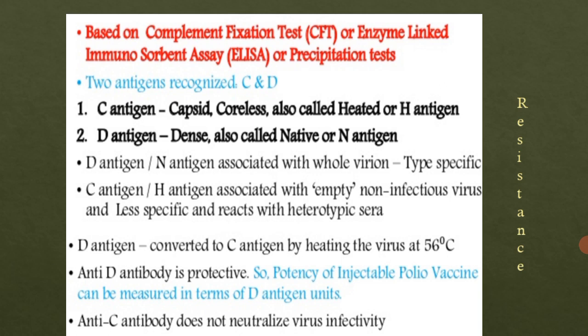These are the antigenic properties of the polio virus. First, with the help of the neutralization test, the three types. And the second is the complement fixation test or the ELISA test, and also the precipitation test, with which we can determine the two antigens, C and D.